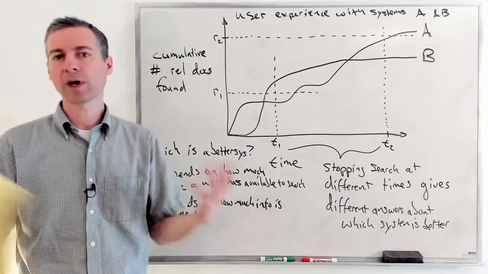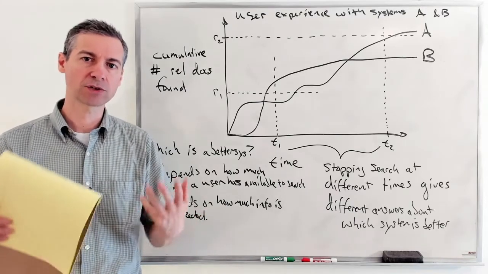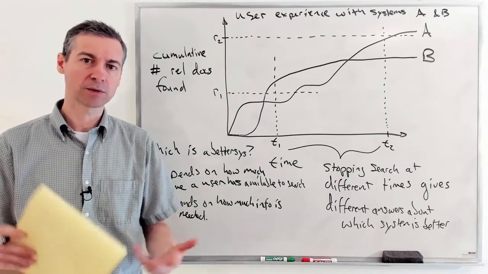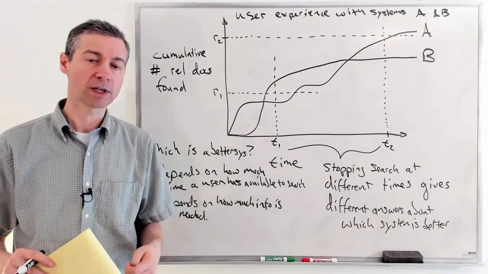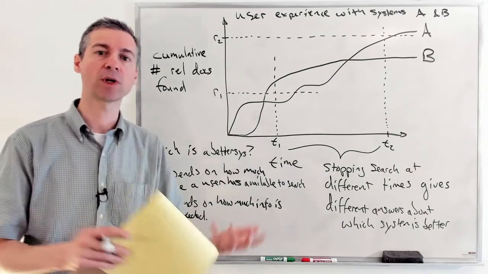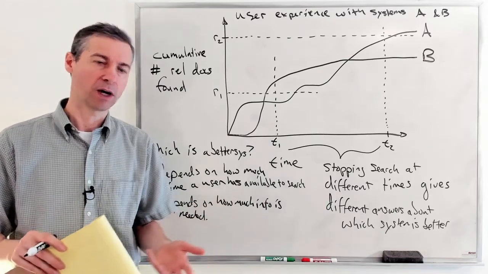We don't just throw out the user interface. The interface actually matters. The interface changes the rate at which people can find information. And so we need to consider that in our designs, especially if we want to be able to make predictions that are reflective of what will happen when people are actually using that user interface. All right.